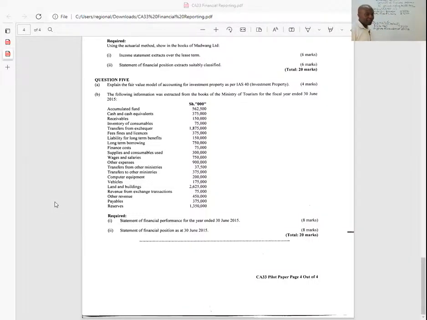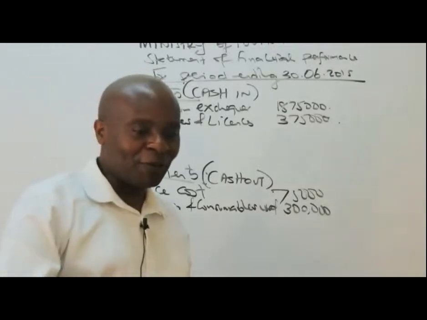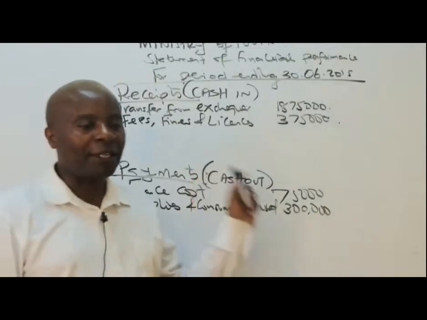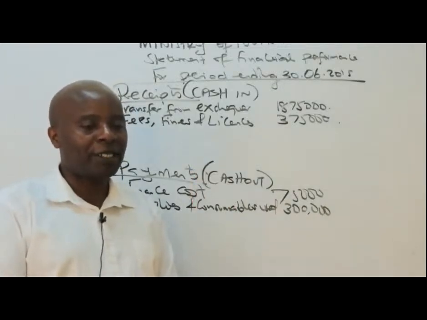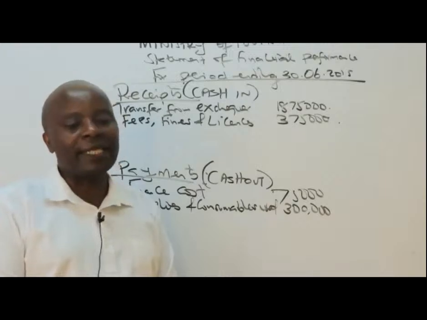Then we have wages and salaries. Of course, this will be affecting my financial performance. But where? Under payments or receipts? It goes without saying, it is the government paying their workers.